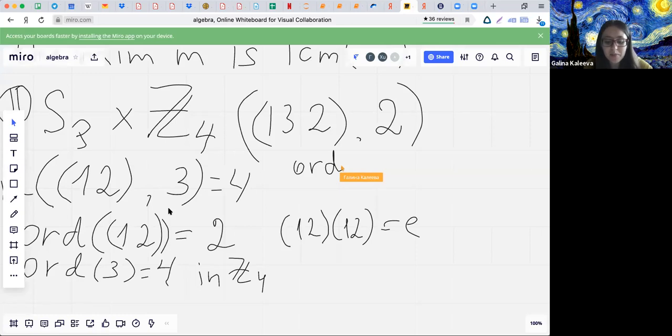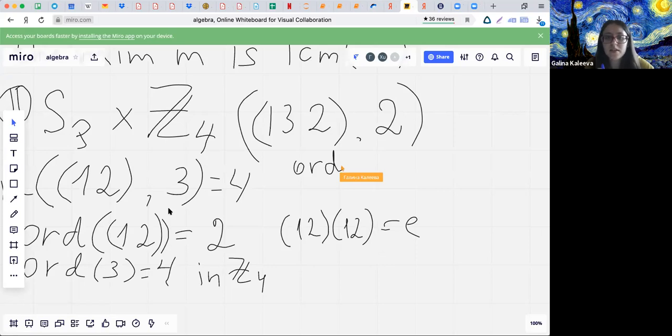When I apply this cycle one time, I see that 1 goes to 3. When I apply it the second time, I see that 3 goes to 2. And the third time, 2 goes to 1. So after 3 applications of this cycle, 1 goes to itself.